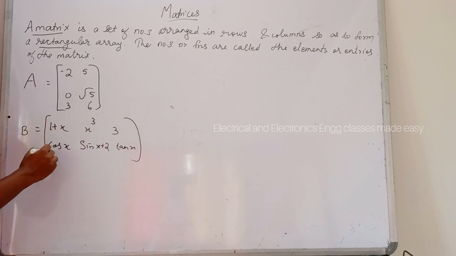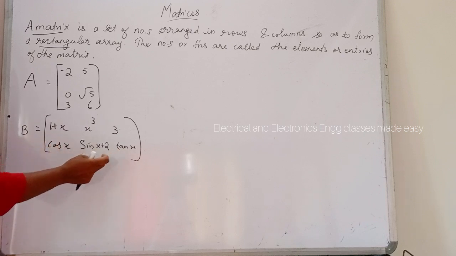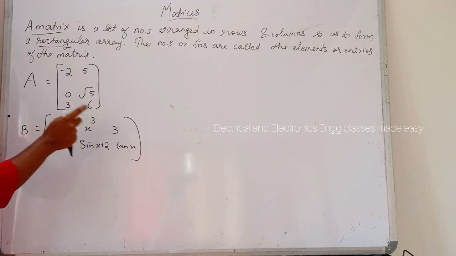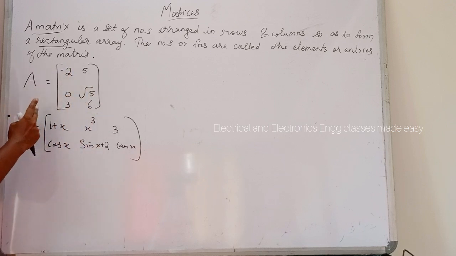So this is also another matrix. Here these are functions. These are trigonometric functions and these are binomial functions. So any functions or numbers can be represented as the elements or entries of the matrix.